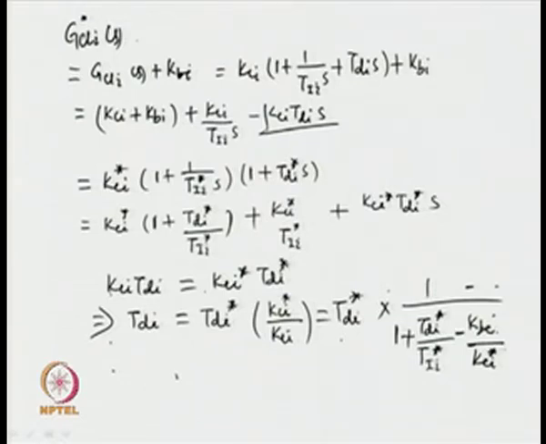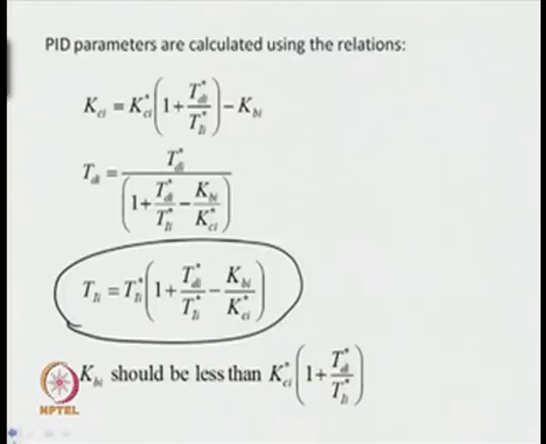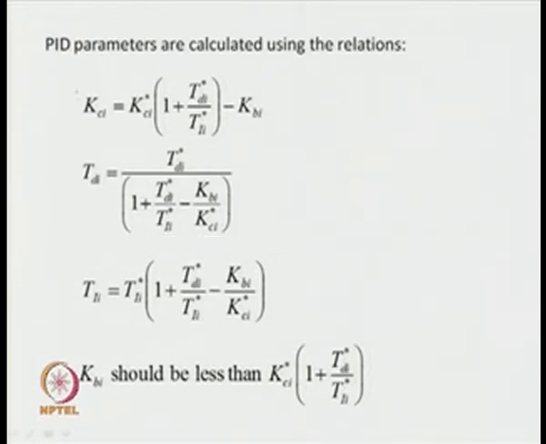So, these relations help us to calculate back the parameters of the original PID controllers that we had employed in the TITO control scheme. These are the original PID controller parameters which are calculated from the parameters obtained from the new controllers.